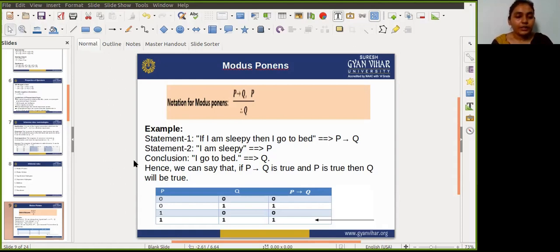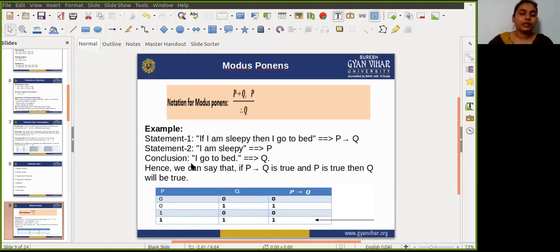So guys, both are true. If both are true, then after the implication is applied, obviously the result will be true, and the value of P is also true. Then you check that the conclusion, that is Q, is also true.